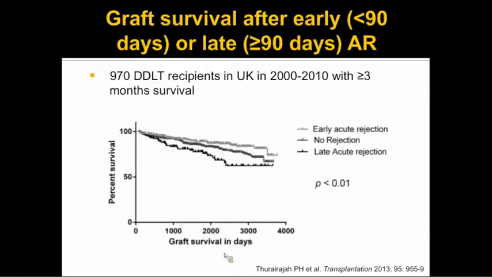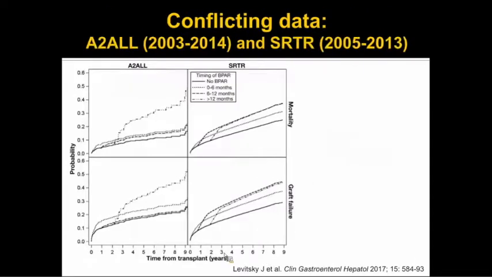And this is one strong study that did seem to show that patients with early rejection seemed to fare better than patients who either had no rejection or patients who had late rejection. So going back to your point that maybe a little early rejection is a good thing, I don't really know that we can say that a little late rejection is a good thing.